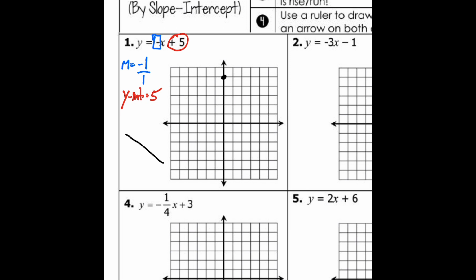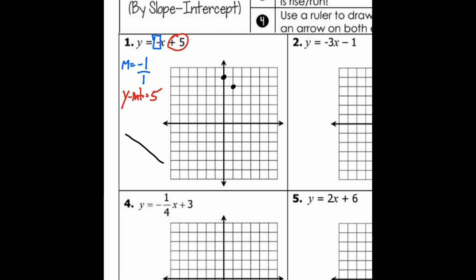Knowing that, if I go down 1 and 1 to the left and put my dot, that line is now going uphill. So that's no good. I want my line to be going downhill. So that means I have to go down 1 and over 1 to the right. So my next point will be in this spot, so that when I draw my line, it will be a downhill line.